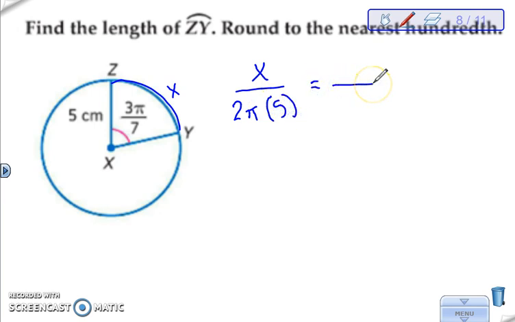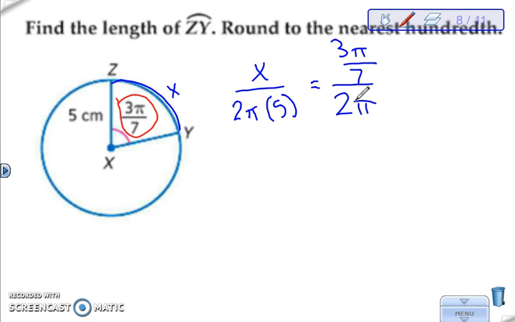I know that on the other side I need the angle and then I need the total number of degrees for the circle. However, since this angle does not have a degree sign on it, it means I am not using degrees, right? So if I'm not using degrees, then I'm using radians. So instead of 360, I'm just going to put 2 pi.